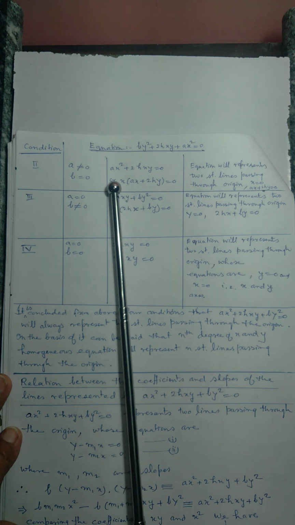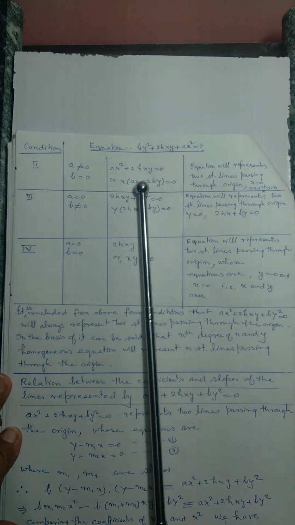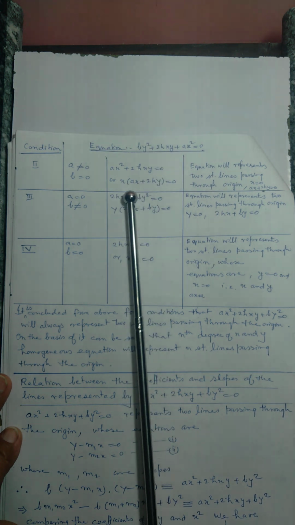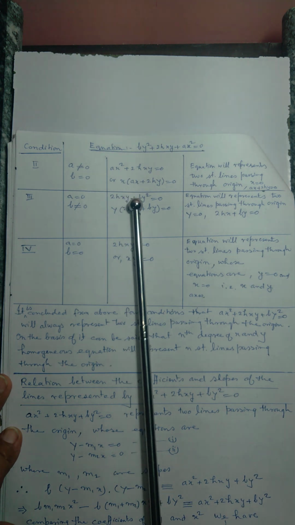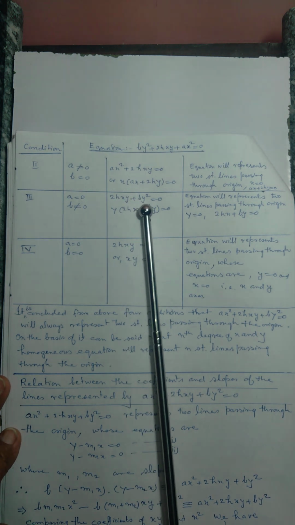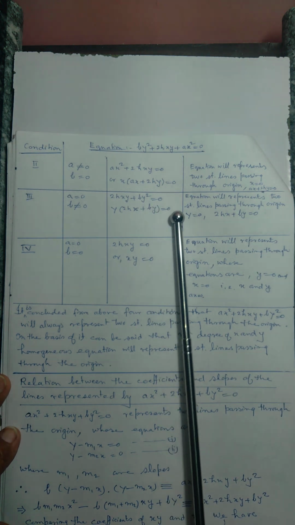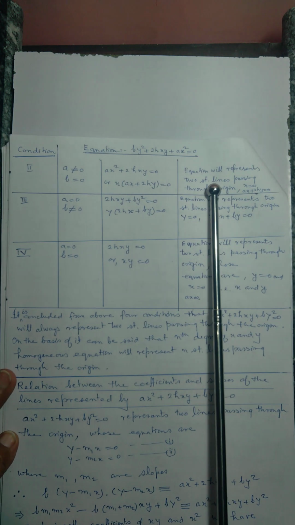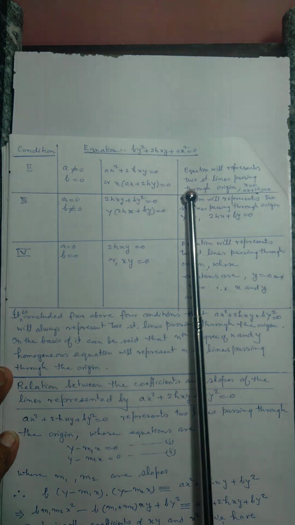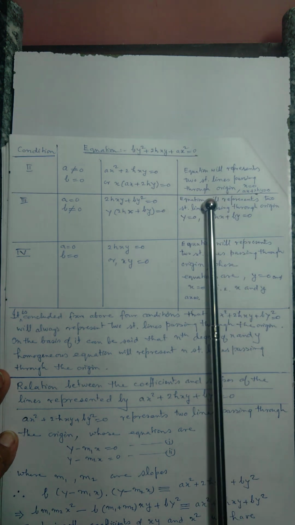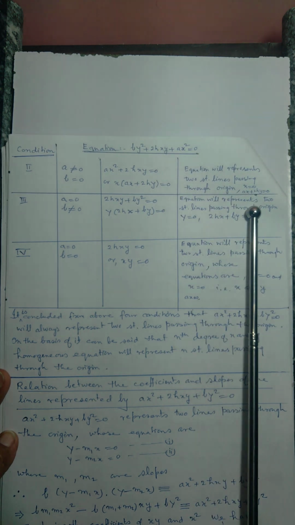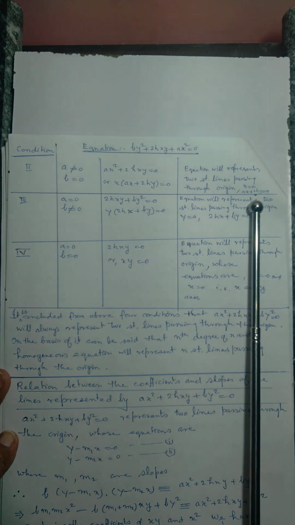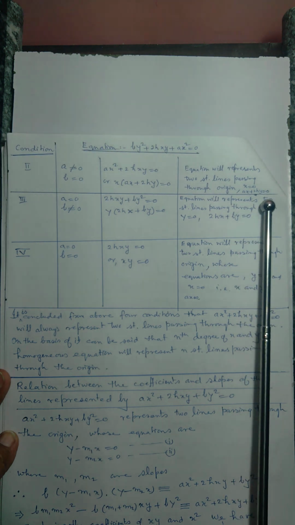So we will get ax² + 2hxy = 0. Now take x common. Inside the bracket you will get ax + 2hy = 0. So the equation will represent two straight lines passing through the origin, that is x = 0 and ax + 2hy = 0.